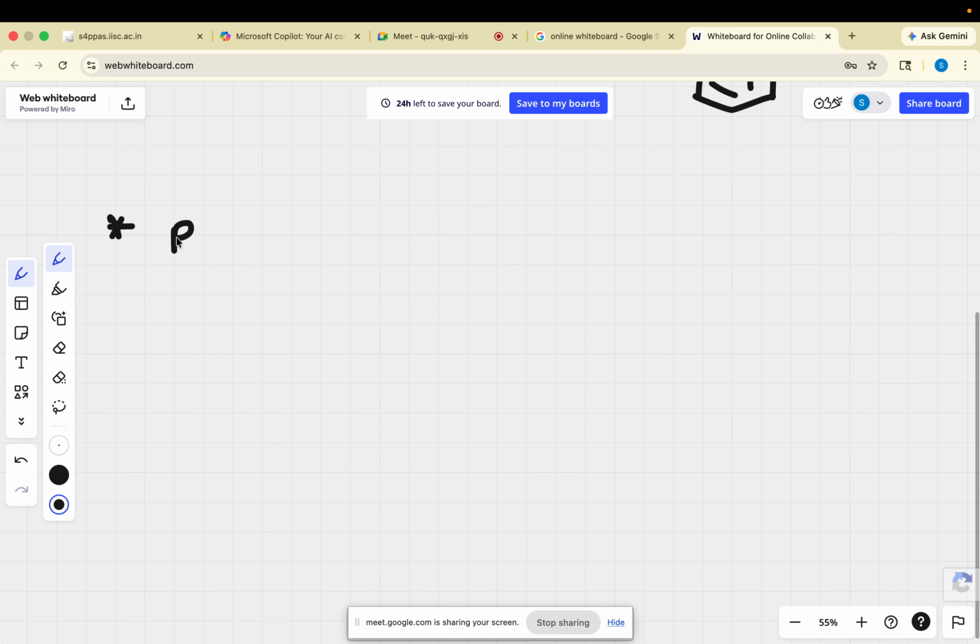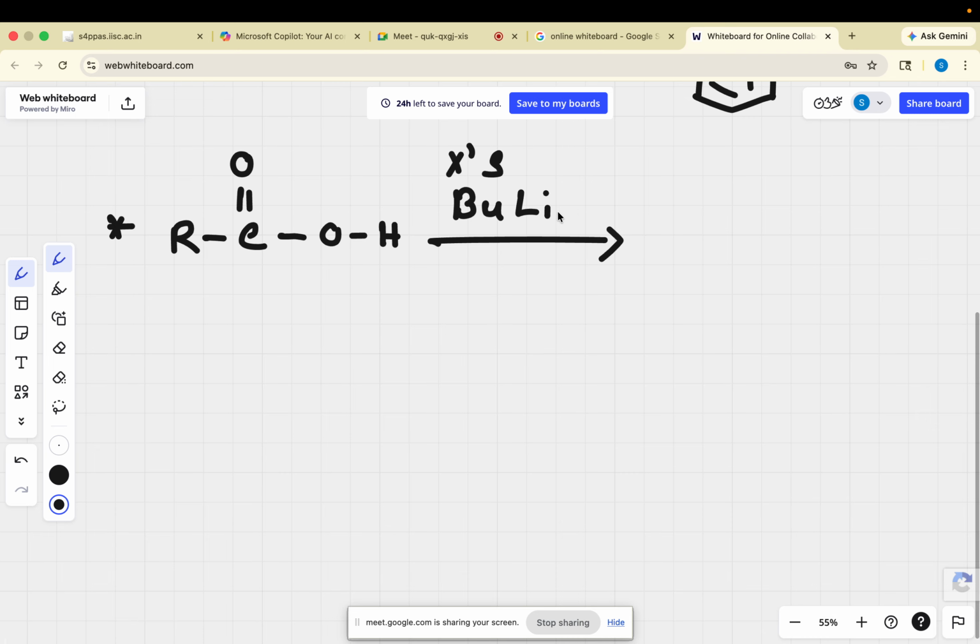Next, suppose you have this carboxylic acid, RC double bond OH. Now we are using excess butyl lithium. So what will happen? Acid base reaction.